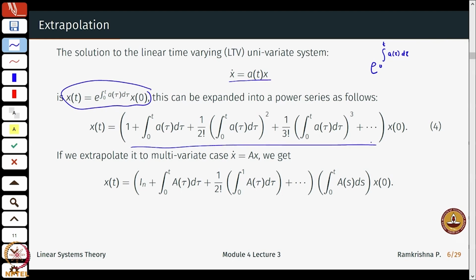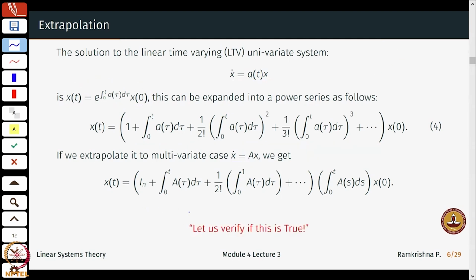Now, let me try and extrapolate this to the multivariate case where x dot is A x, with x being in R n instead of R. So, can I just write it directly in this way, and also verify if this is true? How do we verify if this is a solution?